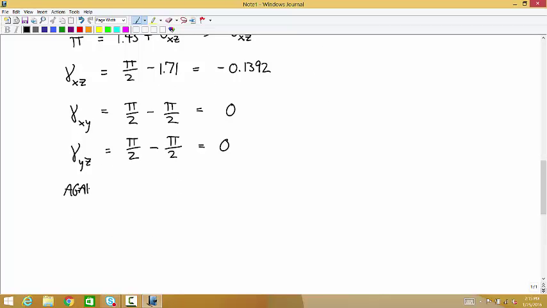Just like we had when I was doing the demonstrations with the normal strains, this is way bigger than any reasonable value we're going to get in an actual case. This is way too big for our assumptions.